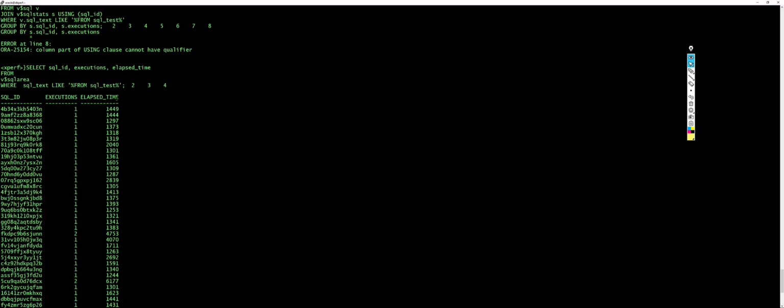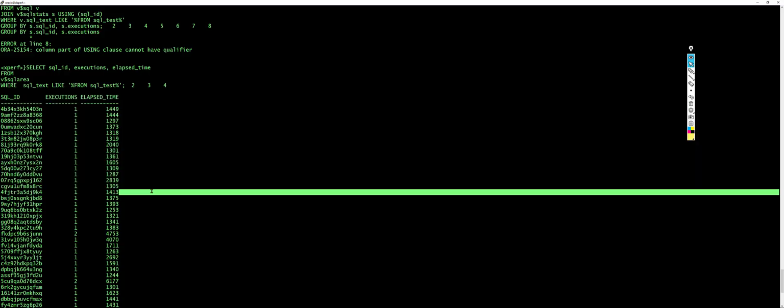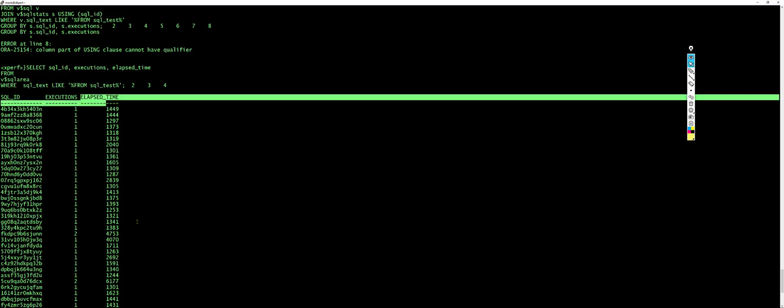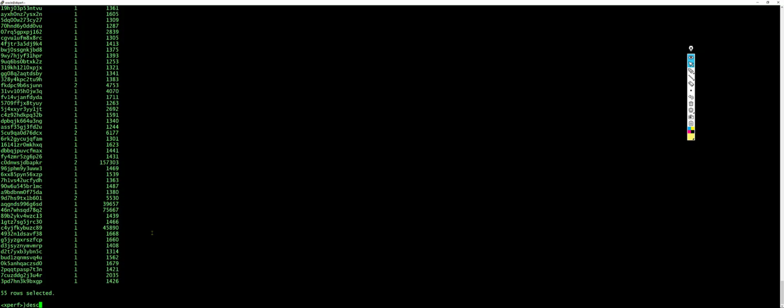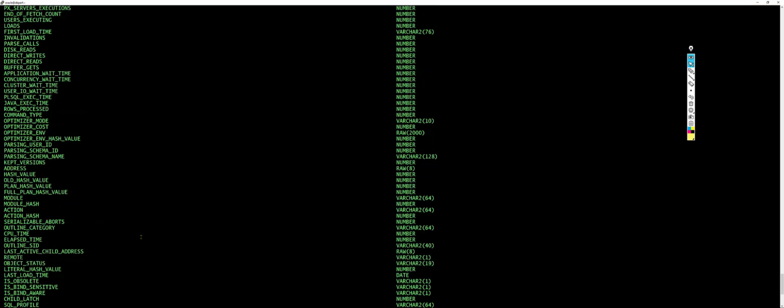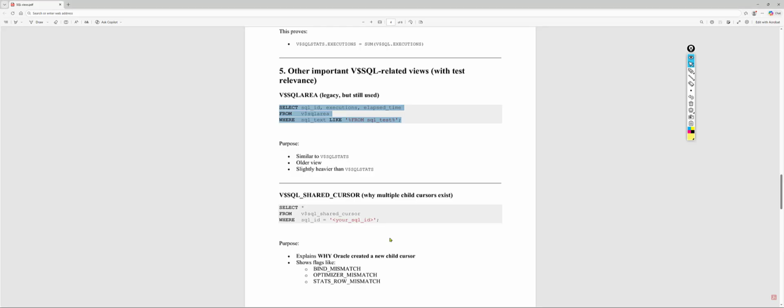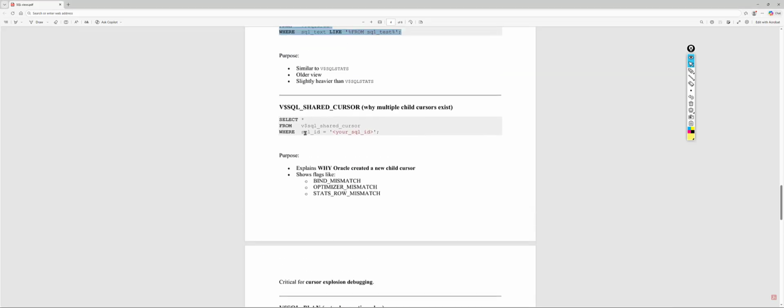This view also contains similar information like V$SQL, like the executions, elapsed time, and the parsing information. So if you want details related to SQL, you can query this view as well.